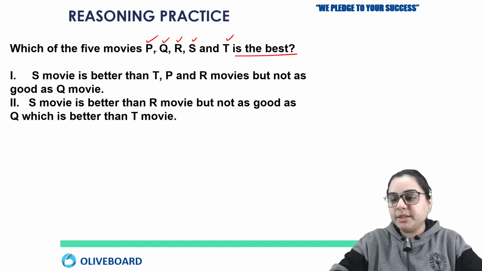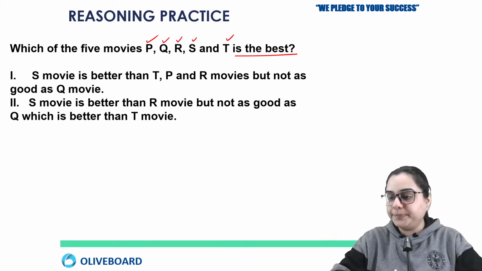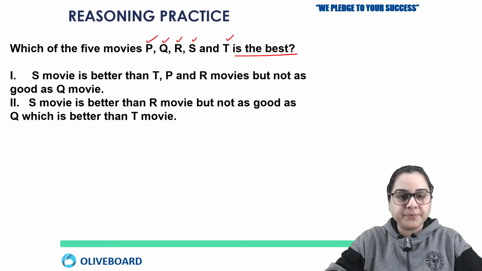So students, tell me the answer. Eva, Kavya, Karthik, what will be the answer here? Eva answered also B. Let's see.